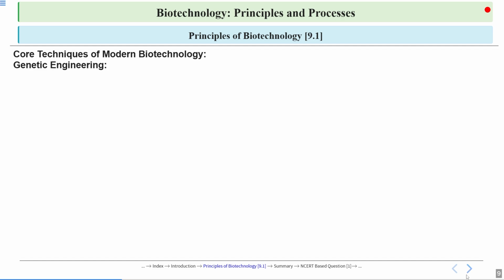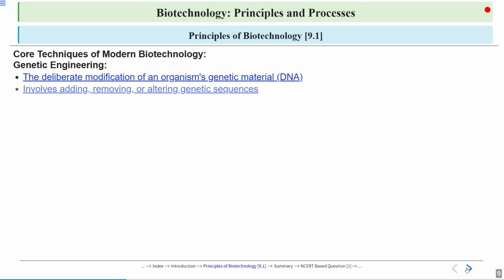So, genetic engineering is the deliberate modification of an organism's genetic material. We forcefully modify or alter the DNA, that is the genetic material of an organism, to bring a new phenotype in that organism, which involves adding, removing, or altering its genetic sequences.